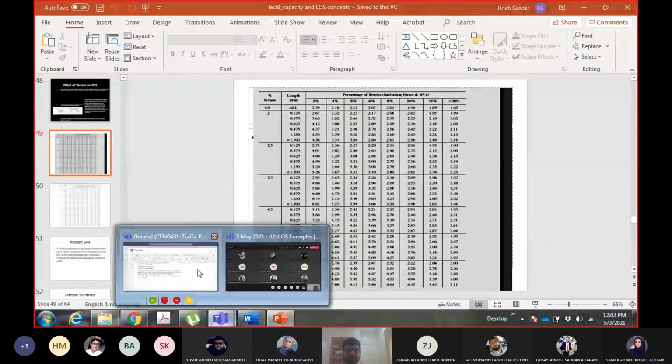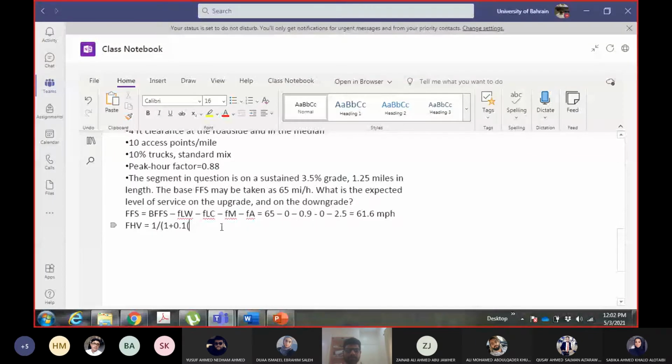So 2.96 minus 1. How much is this? 1.96, times 0.1, is 0.196... this is for the upward condition.